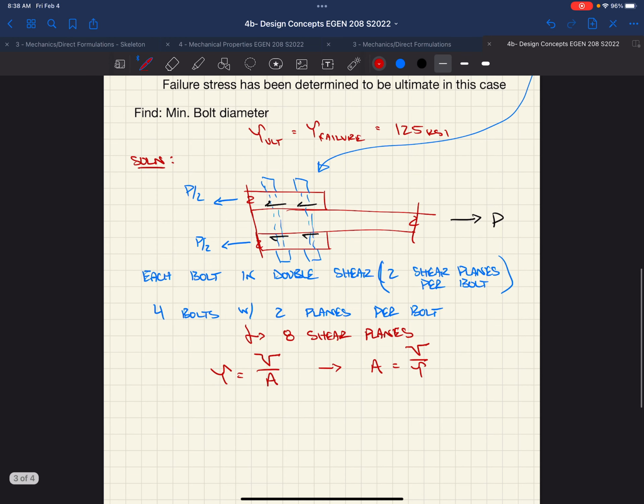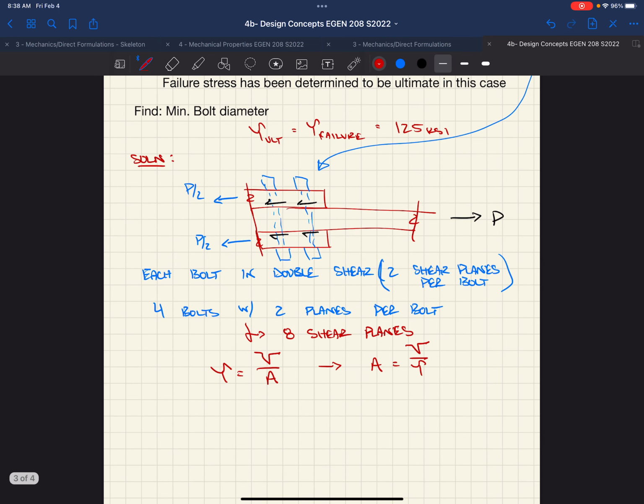Well, our shear force has to do with our imposed load P. And that P has to go through all of our shear planes. We decided that we have double shear. Each of these bolts has 2 shear planes and we have 4 bolts, so we have 8 shear planes.